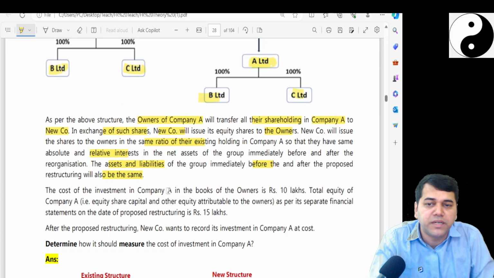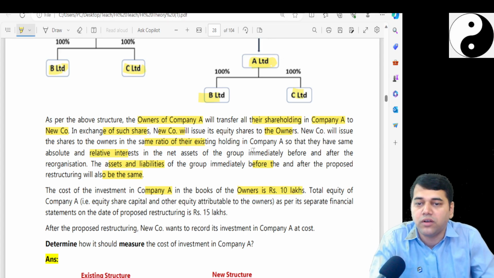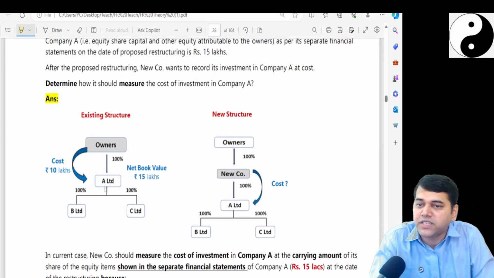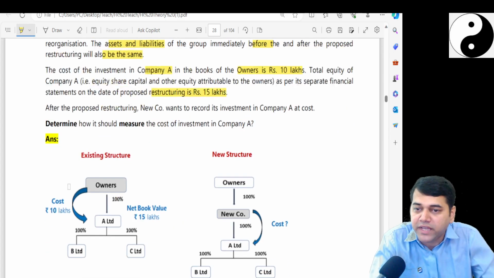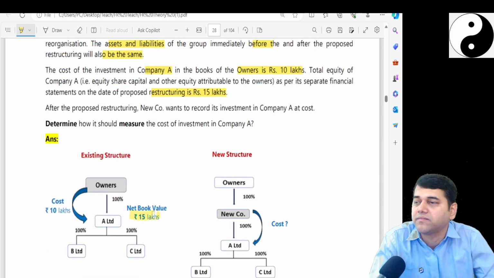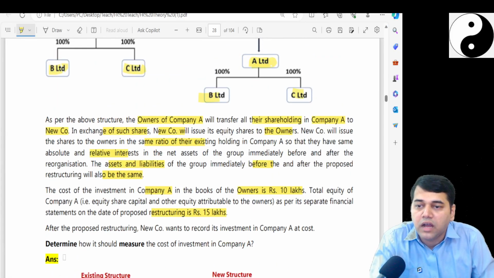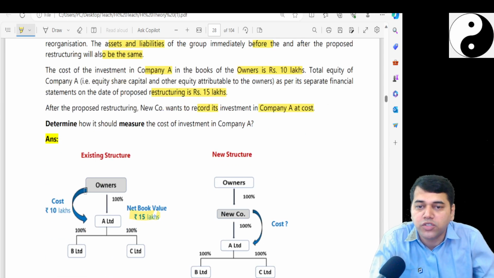The cost of investment in the company A in the books of owners is rupees 10 lakhs. So what they have done, they have invested in A 10 lakh rupees. Total equity of the company A, share capital and other equity attributable as per separate financial statement before restructuring is 15 lakhs. That means today its book value has become 15 lakhs. After the proposed restructuring, the new company wants to record the investment in company A at cost.